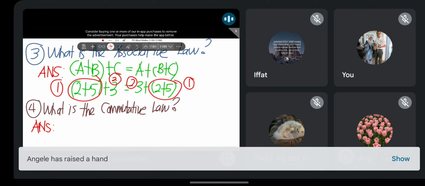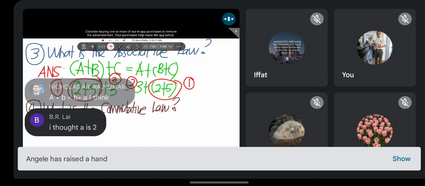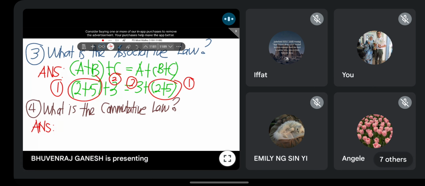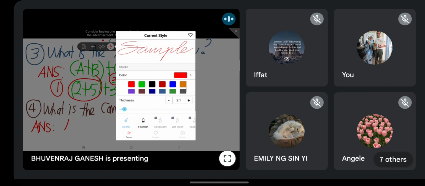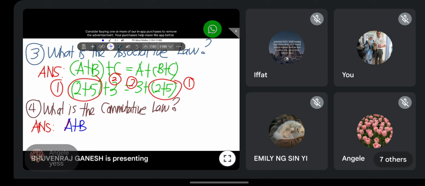Okay, Angela, you can type and see. A plus B equals B plus A. Yes, correct. That is the commutative law. Very good. So the commutative law concept, I use a different color: A plus B is equal to B plus A.